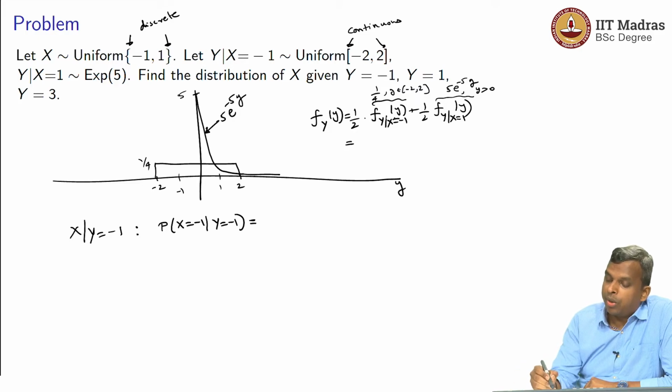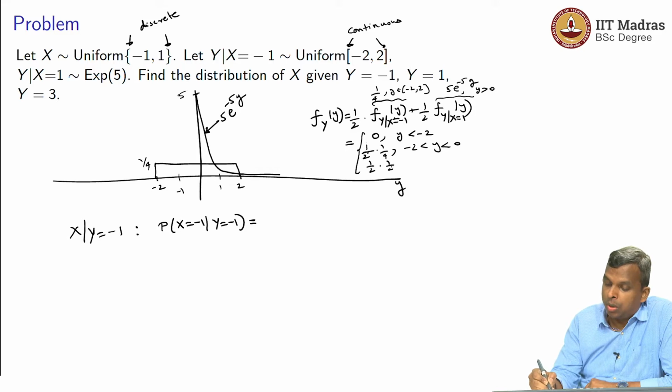Okay, so how do you combine these two and write it? You say it's half times 1/4 plus half times 5e^(-5y), no, I'm sorry, this is a slightly more complicated density to write down. It is 0 for y less than -2. It is half times 1/4 for y between -2 and 0.